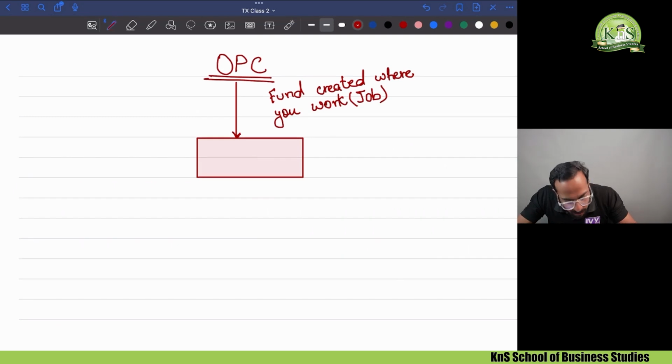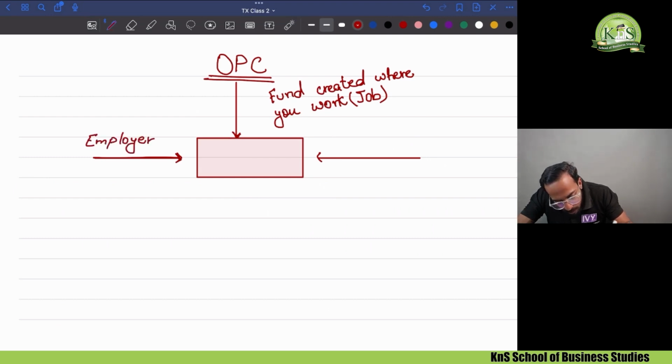In that fund, two people contribute. Number one, employer. Number two, employee. Got it?